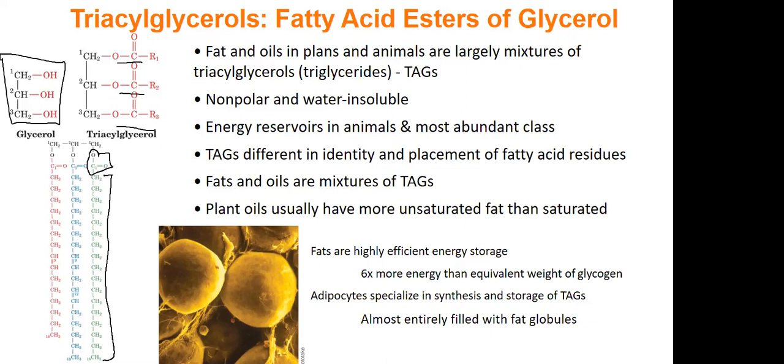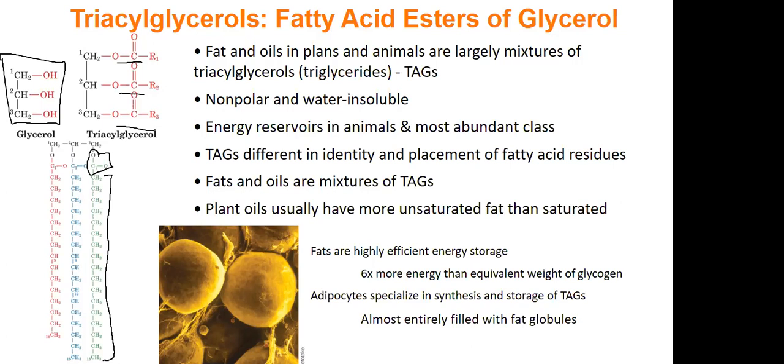We have different types of TAGs that have different purposes, and you can have different TAGs as in different tail lengths. You can also have the glycerol change a little bit. When you look at fats and oils, they're really a mixture of TAGs. You're not going to get an oil droplet that's all the same thing.